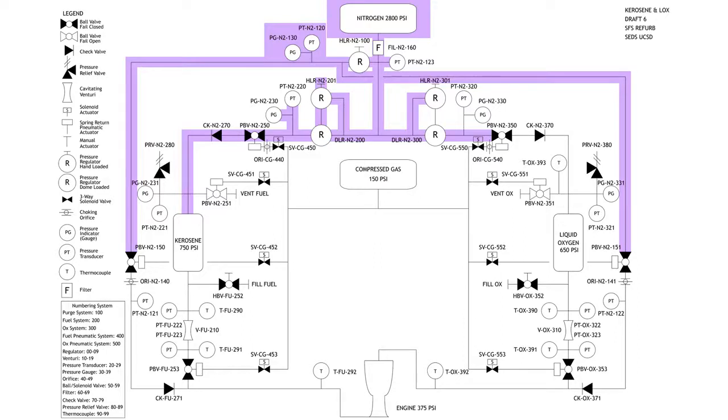Quick question. Why do we have both the hand valve and the dome load? So say for example, this is my dome loaded regulator. Coming from my 2800 PSI K bottle, I have 2800 psi, and it hits the inlet.